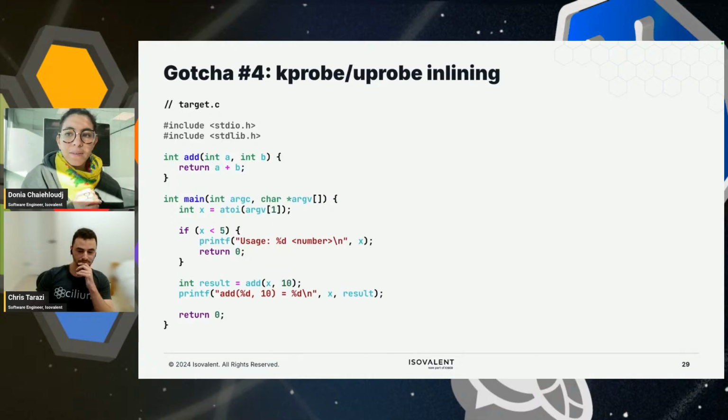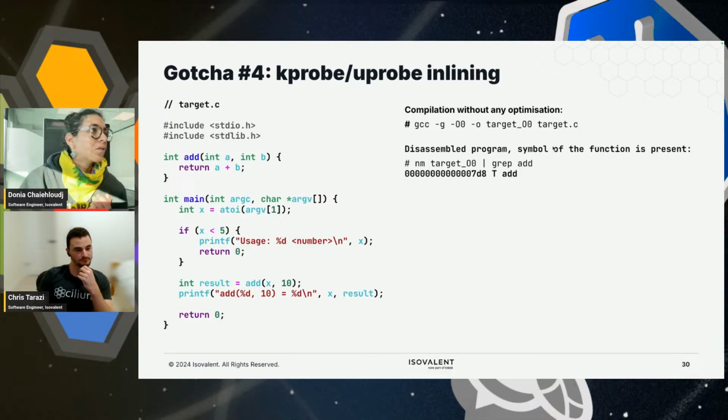We have, again, a simple add function called in a main program, only if the given parameter is actually above 5, greater than 5. And then it will just do the addition here and print the result.